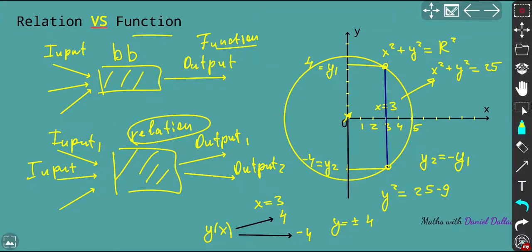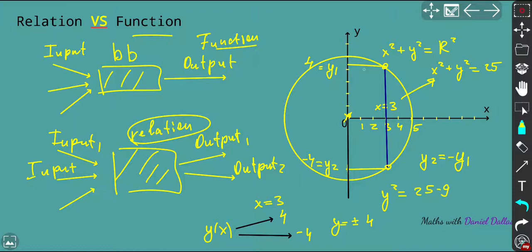Basically, graphically, this is how we can test that the curve is a relation, not a function. You just need to draw the vertical line when the x value is fixed and see how many points of intersection you have. For some function, you might have, in a certain region for x, just one intersection. For another part of the curve, you might have two. How to decide? Is it a function or a relation? A relation is when it crosses at least twice.